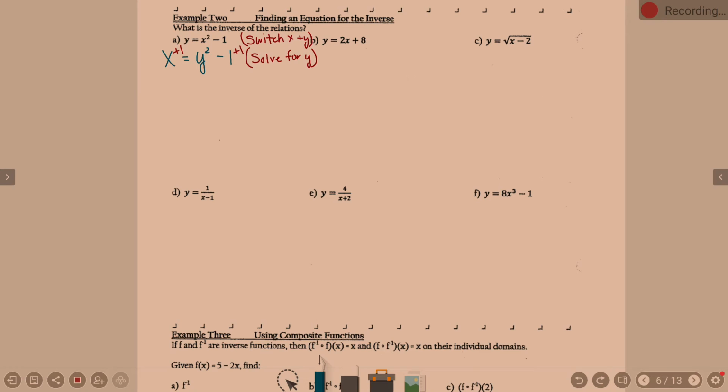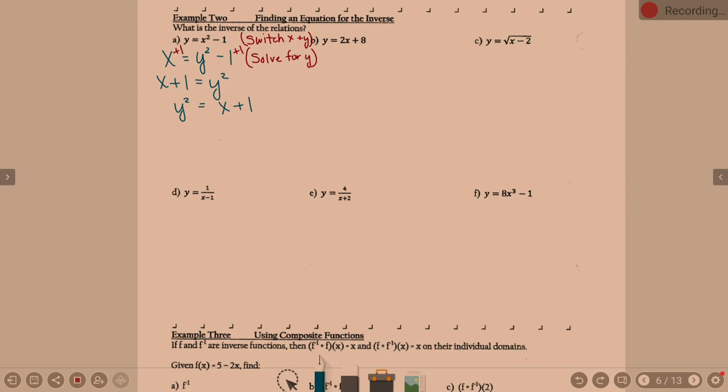Now, how do you guys feel if I go ahead and flip-flop my equation? Are you okay with that? Either here or later. If you'd rather say x plus 1 equals y squared, at some point I would encourage you to flip-flop the sides.